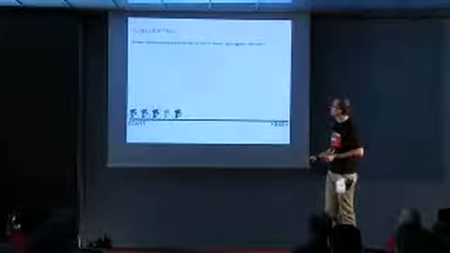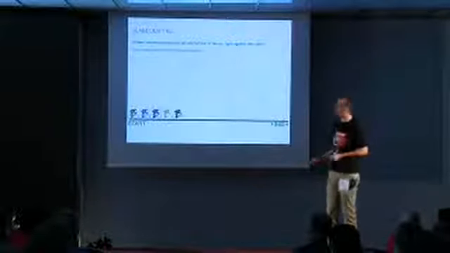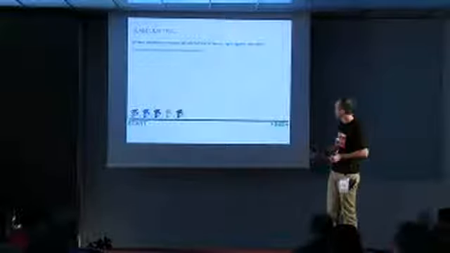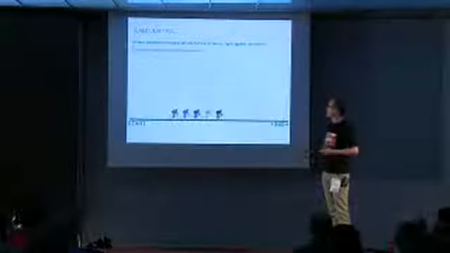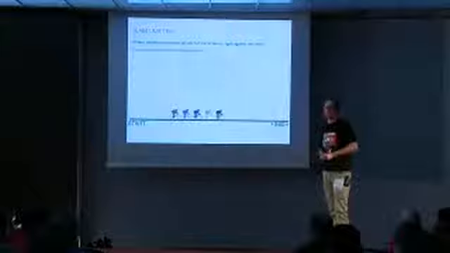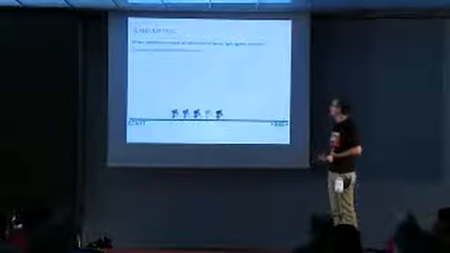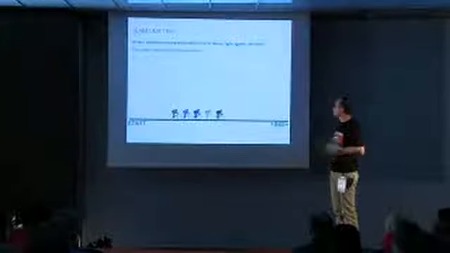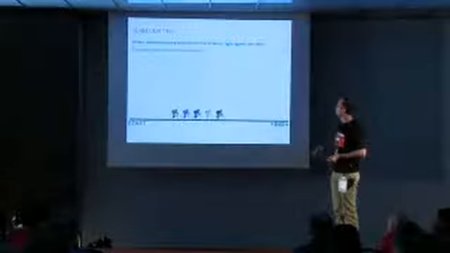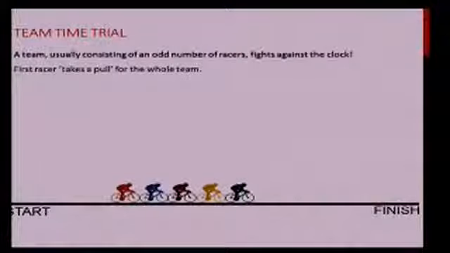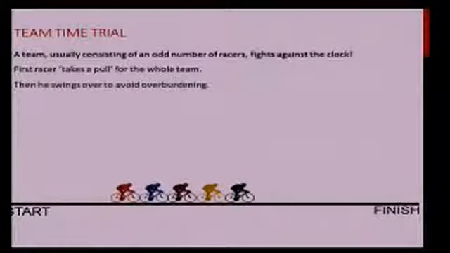So the first racer takes a pull and he drags the whole team with the speed that he's setting. What do we do next? We want to avoid personal overburdening.